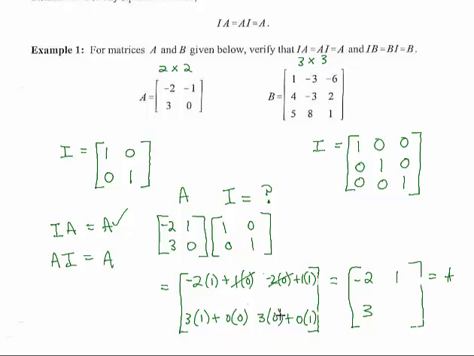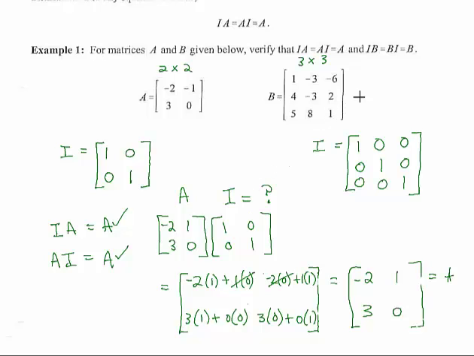Everything cancels out. This 0 knocks out the 3, that 0 knocks out the 1, and our sum works out to be 0 for second column, second row. So this matrix here matches A completely. And so this little matrix equation checks out too.